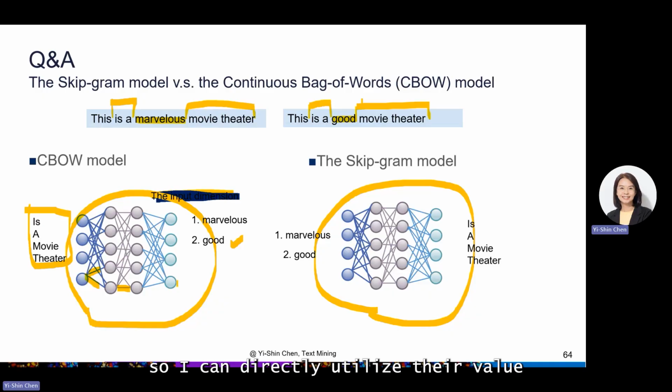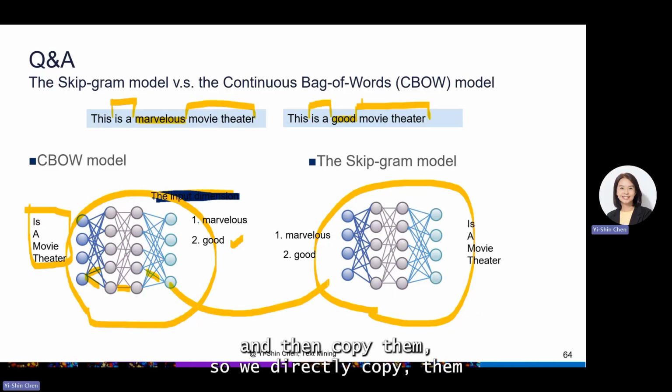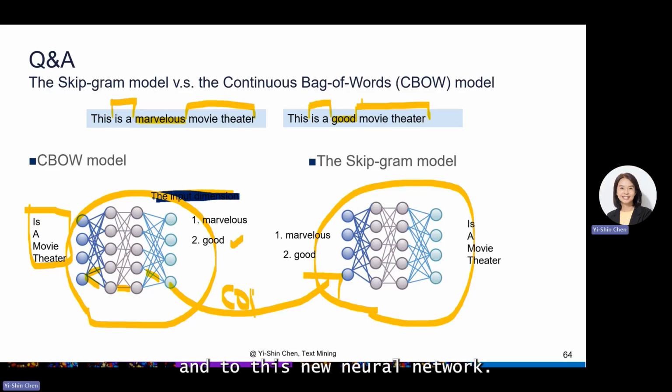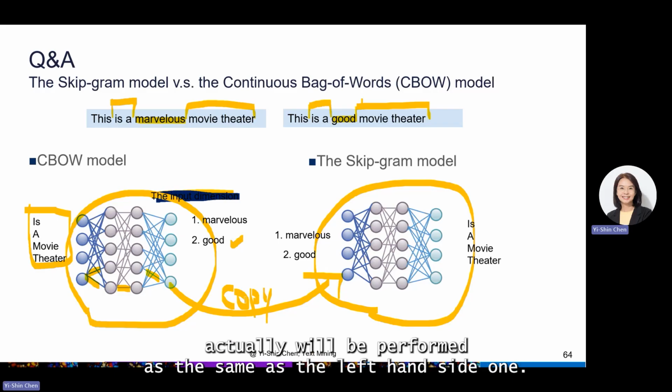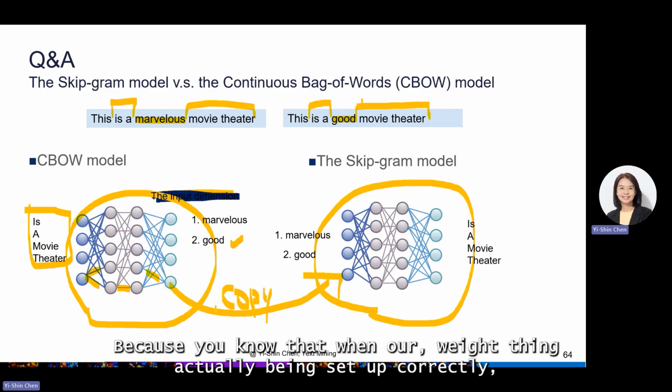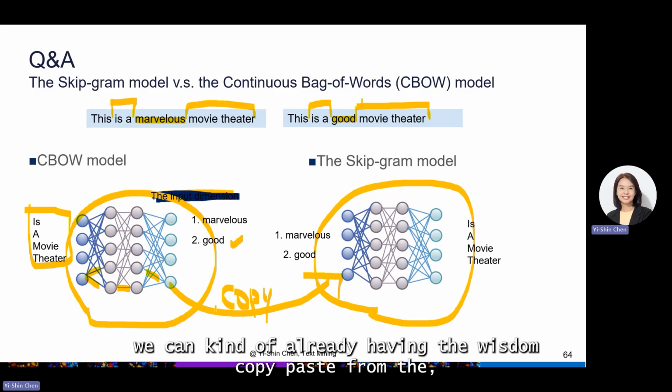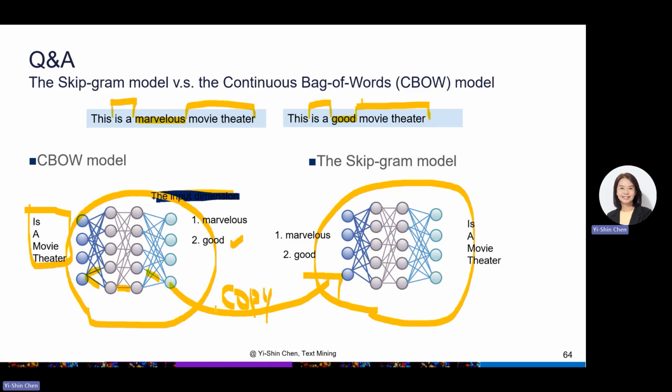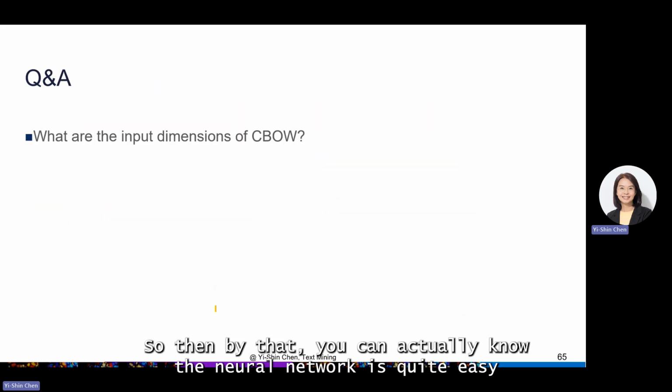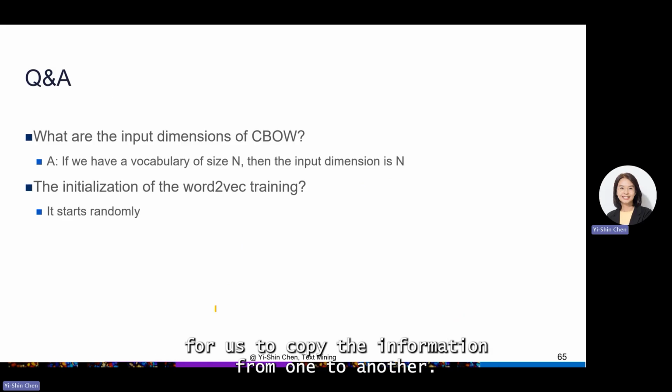So I can directly copy their values into this new neural network. Afterward, the neural network will perform the same as the left-hand side one, because when our weights are set up correctly, we have effectively copy-pasted from the left neural network. So you can see it is quite easy for us to copy information from one neural network to another.